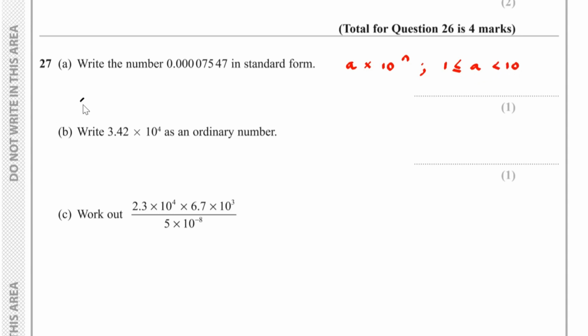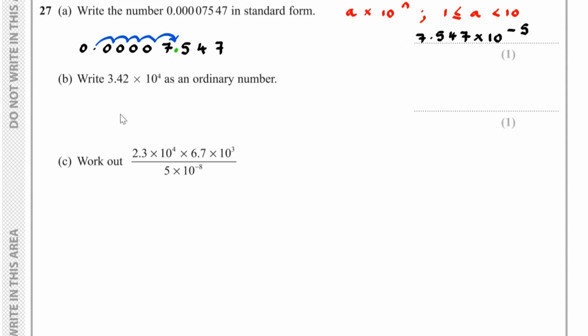So if we've got this number 0.00007547, we need to move this decimal place 1, 2, 3, 4, 5 to the right. And if we do that, we are left with a value of 7.547 multiplied by 10 to the negative 5.